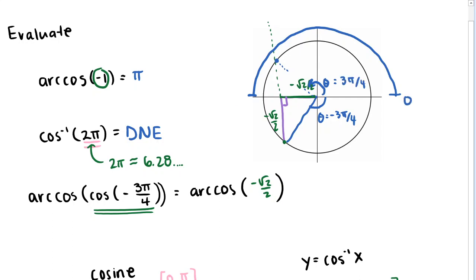And so our arc cosine of cosine of -3 pi over 4 is actually positive 3 pi over 4. The main idea here is that cosine of -3 pi over 4 is -√2 over 2, and arc cosine of -√2 over 2 only gives us back the angle between 0 and pi, on the top half of that circle, and that's 3 pi over 4.